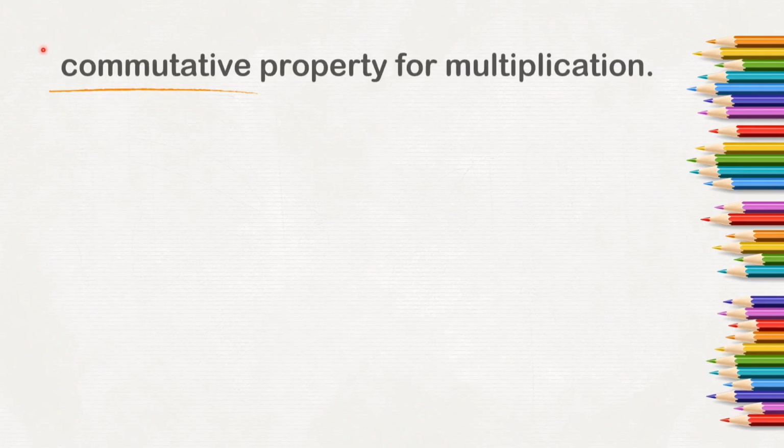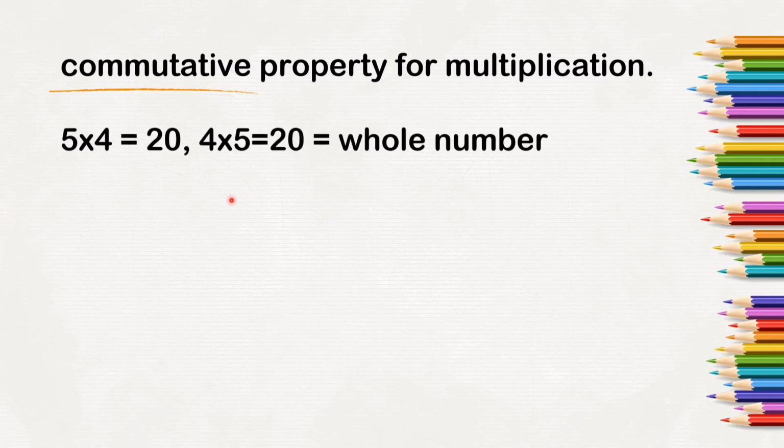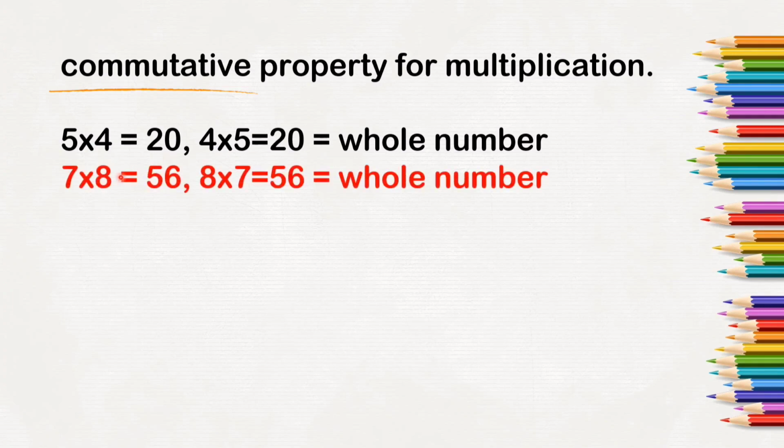Next, let us understand commutative property for multiplication. 5 into 4 is equal to 20. 4 into 5 is also equal to 20. Correct? However you interchange the numbers and multiply, the product remains the same. 7 into 8 is 56. 8 into 7 is also 56.